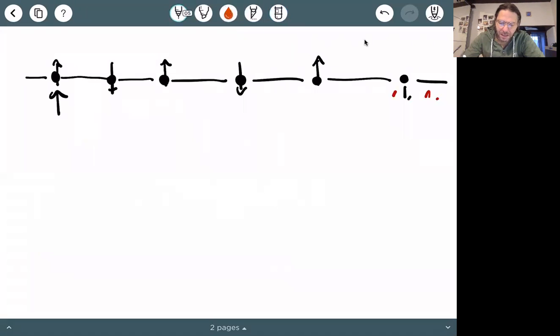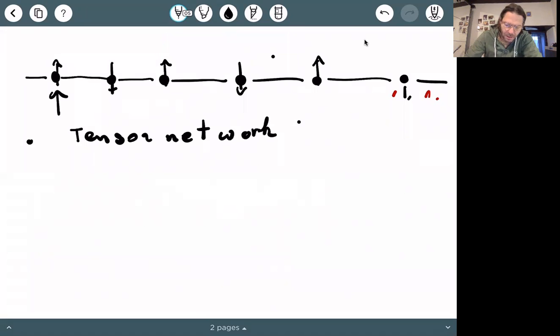And a big line of research that is going on these days is called tensor networks. This is, if you want, outside the course. I'm not going to ask you about tensor networks in the course.